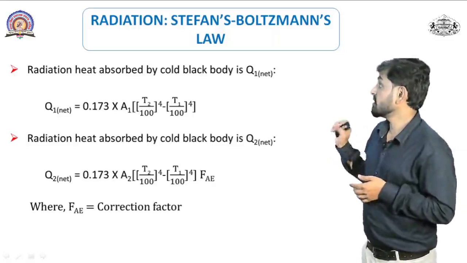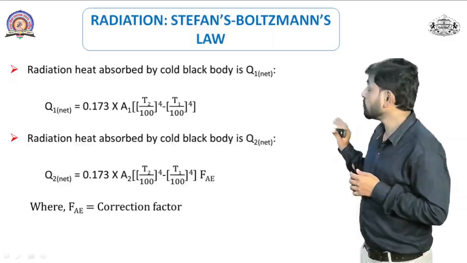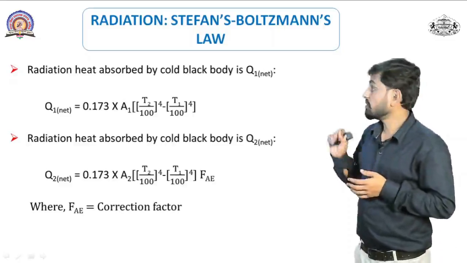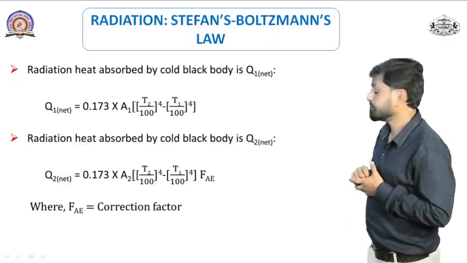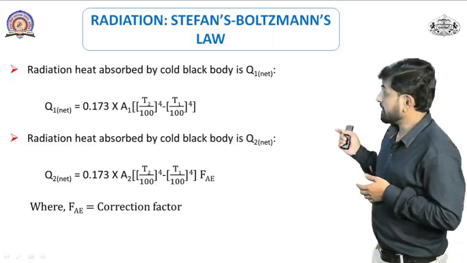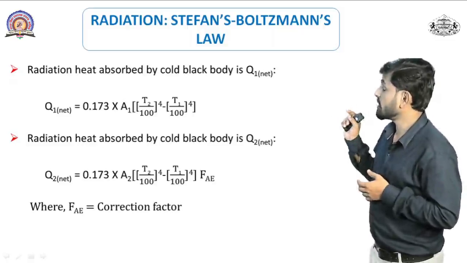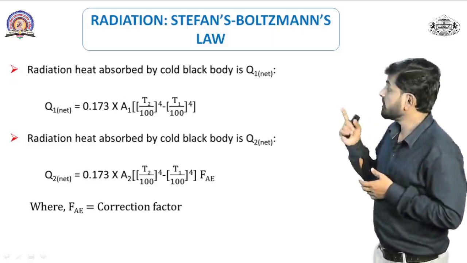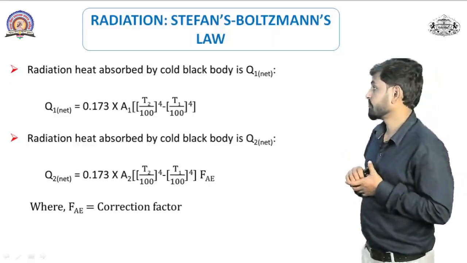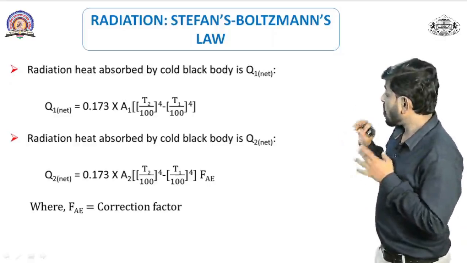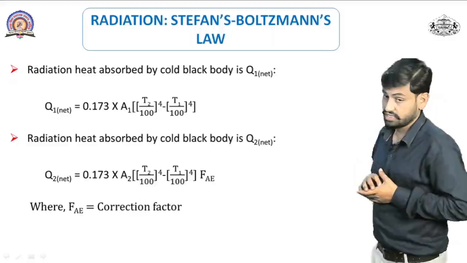Q1 net is equal to 0.173 into A1, the first body area, into (T2 upon 100) raised to 4 minus (T1 upon 100) raised to 4, that is the hot body temperature minus the cold body temperature.